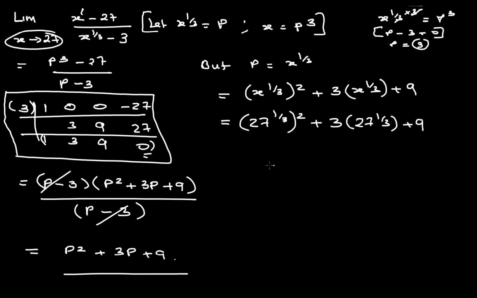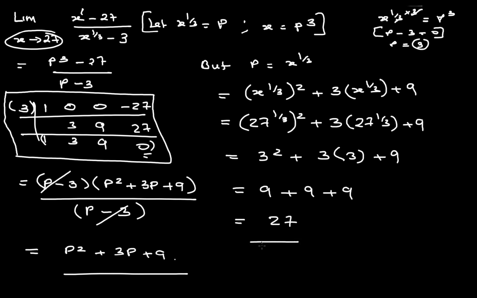Okay, so we said that this is the cube root, so that gives us 3 squared plus 3, and then the cube root of that will give us 3, then we have plus 9. So this is going to be 9 plus 9 plus 9. So we've gone back to first grade and we have 27 there.